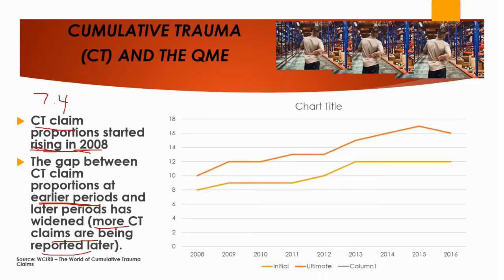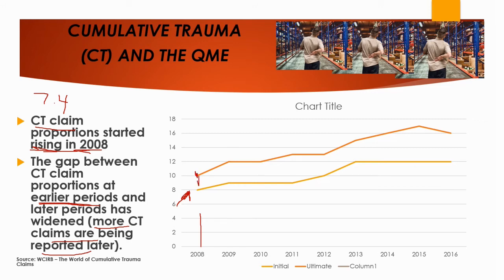And so here is a graph again from the WCRB that depicts that. This is the graph here that describes the reporting frequency at earlier claim periods. And you can see that around 2008, roughly approximately 8% of all claims had some allegation of cumulative trauma, and then later, once all the statistics were accumulated, the final proportion was roughly 10%.